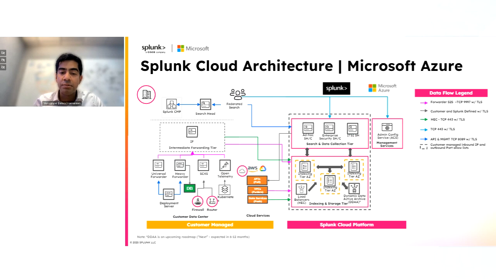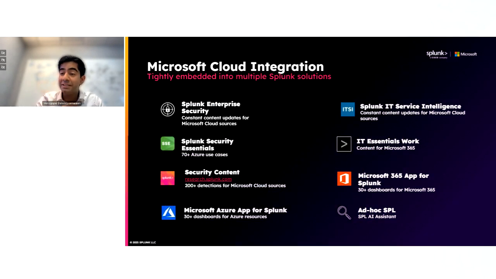Now, let's move forward and talk about specifically, how does this fit in with other things you have on Microsoft? So when you're opting to have Splunk on Azure, I expect a lot of you are already using several other Microsoft systems, whether that's Microsoft Azure, Microsoft Office 365, whatever it is.